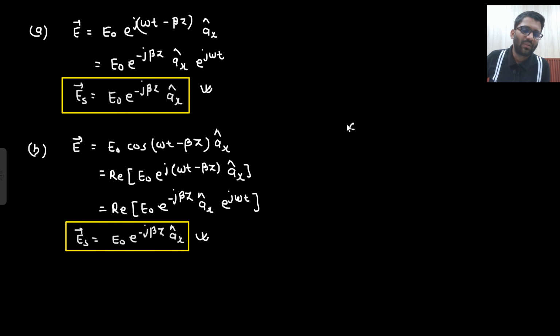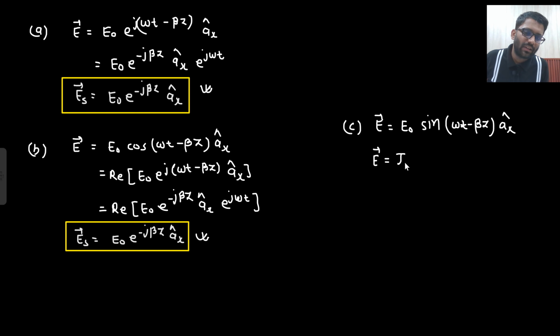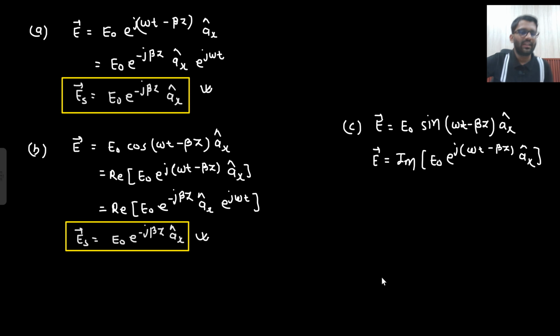You see this and you see this. Okay, we will come to some conclusion. Next, which is E naught sine omega t minus beta z ax cap. Can I write it in this manner, that it is the imaginary part of E naught e to the power j omega t minus beta z ax cap, right? It is just the imaginary part, because sinusoid is the imaginary part.